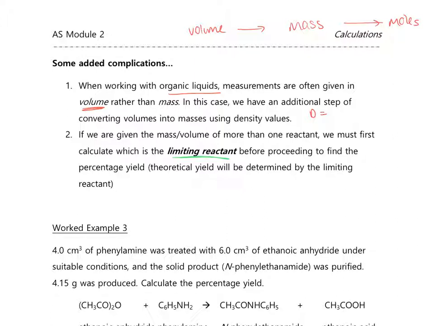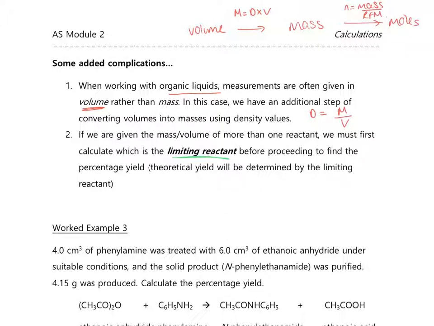Density, you'll maybe know from physics, is mass over volume. So mass is then going to be density times volume. So to convert from volume to mass, I do mass equals density times my volume. And then to go from mass to moles, I use n equals mass over RFM. So it's just an additional step, essentially.